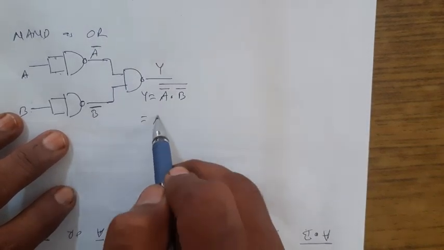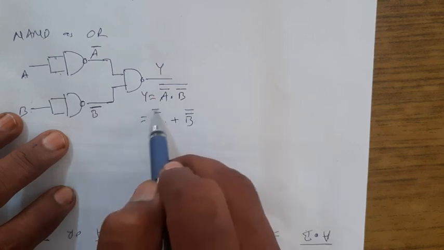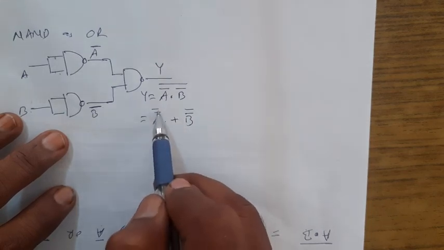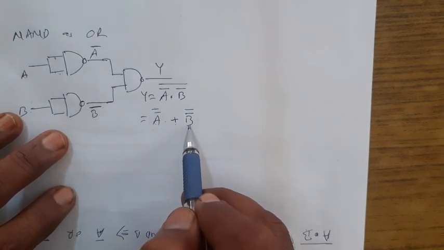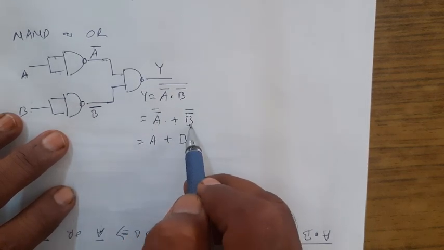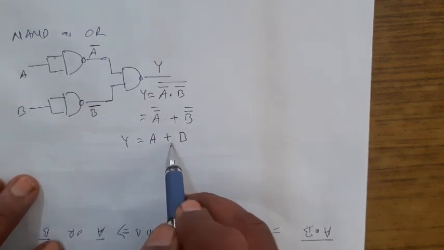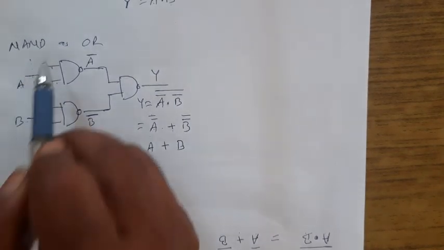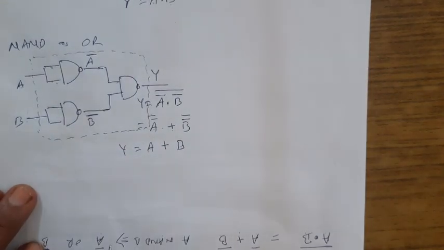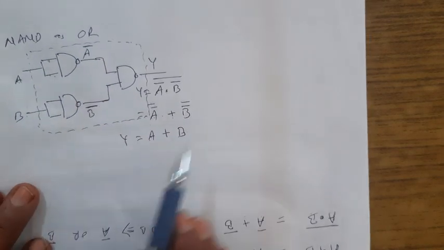Now according to De Morgan's theorem, if I break the bond, this upper bond, then I will have to change the sign, and it becomes complement of A plus complement of B, but complement of complement is nothing but A, and complement of B is nothing but B, and therefore Y is equal to A or B. Hence this particular circuit of three NAND gates behaves as an OR gate, correct? And therefore I can write it is NAND as OR.